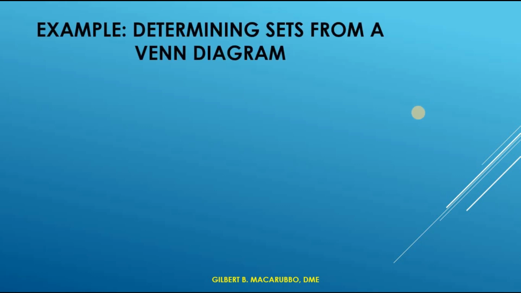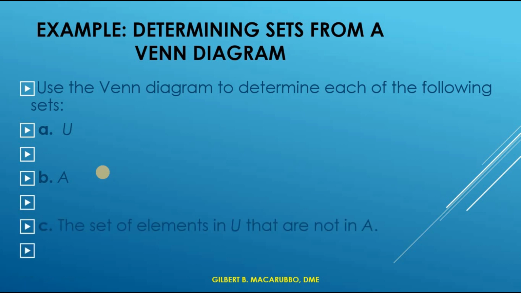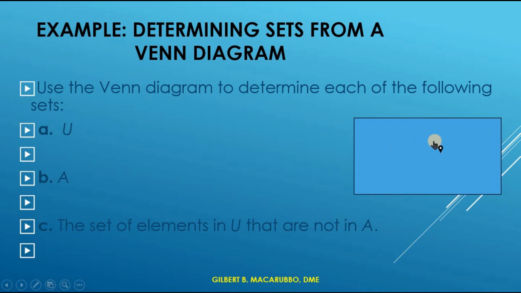Example, determining sets from a Venn diagram. Use the Venn diagram to determine each of the following set. A, the universal set. B. Okay, so we have here a rectangle represented by a universal set. Okay, yung circle dito is yung ating set A o yung subset.